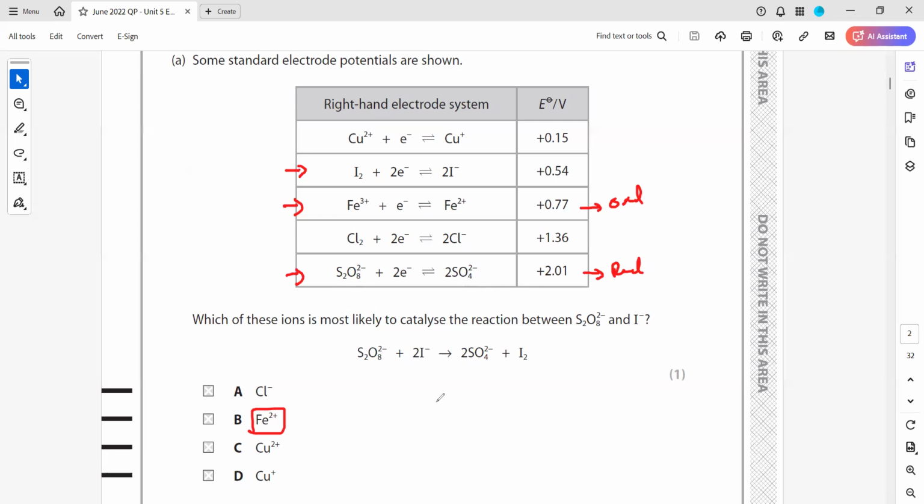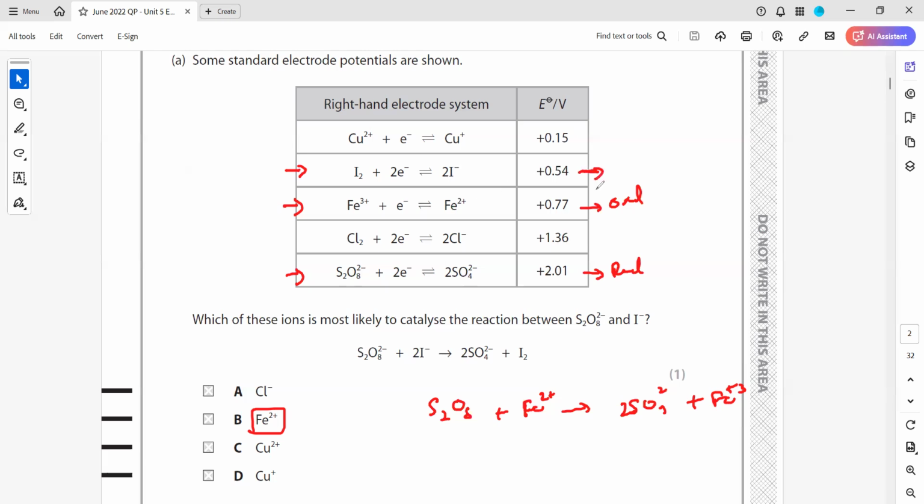So first, S2O8 will react with iron 2, because we have iron 2. When it reacts with iron 2, it will form SO4 and it will form iron 3. That is the first reaction. And then what will happen? Can a reaction happen between iron 3 and iodide?